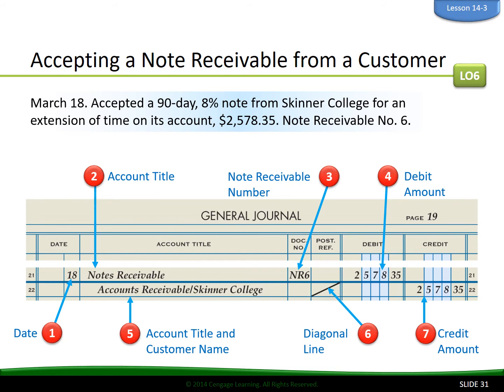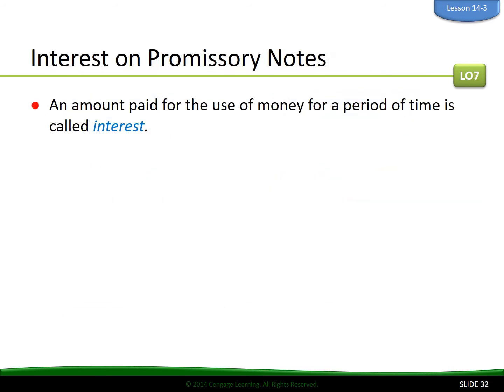Then we have the debit amount, and then we're going to go on to the next line, and that will be starting with account title and customer name. Then we'll make our diagonal line, and then we'll write or type our credit amount, which is the same as the debit last line.